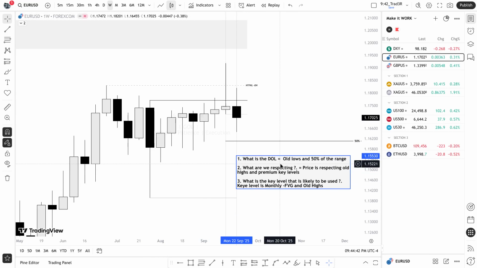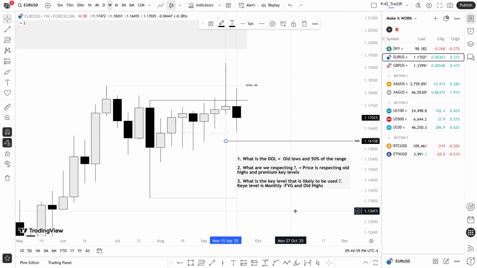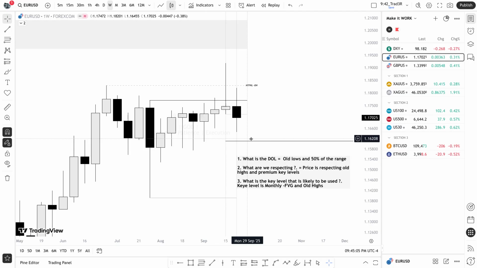Now I know that on the monthly time frame, my drawn liquidity is old lows. On the weekly chart we have old weekly lows, previous week lows and old lows here, and 50% of the range. This 50% is from this range high to this range low as my drawn liquidity. Now what are we respecting, which is my bias and narrative?